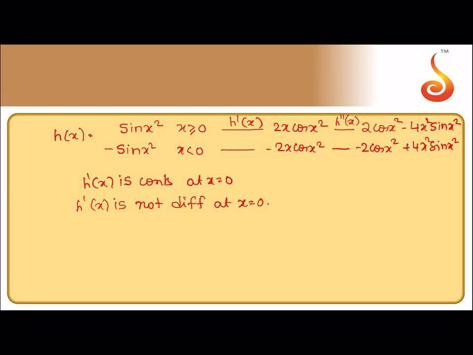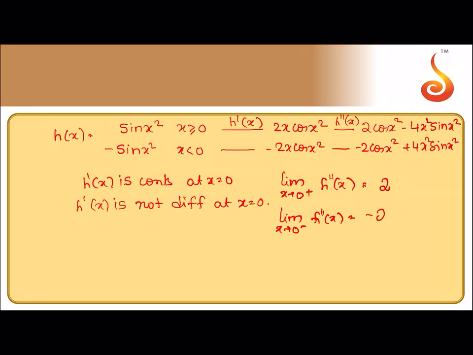So what we find is h dash x is continuous at x equal to 0. H dash x is not differentiable at x equal to 0. Because you see, the right hand derivative is 2, and the left hand derivative is equal to minus 2.